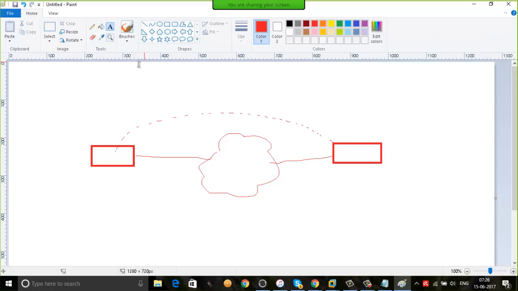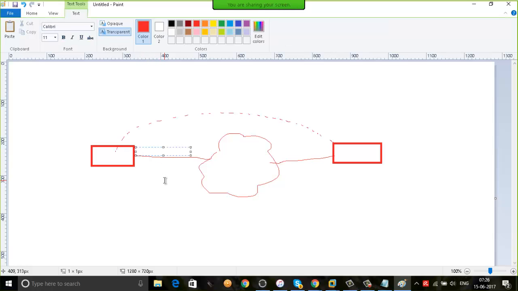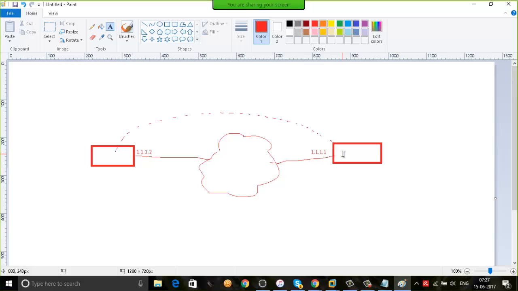So the point is, if both the parties are going to be using a static IP address on their interface where the VPN is going to be terminated. If the VPN peers are having a static IP address, we will be taking the help of main mode.